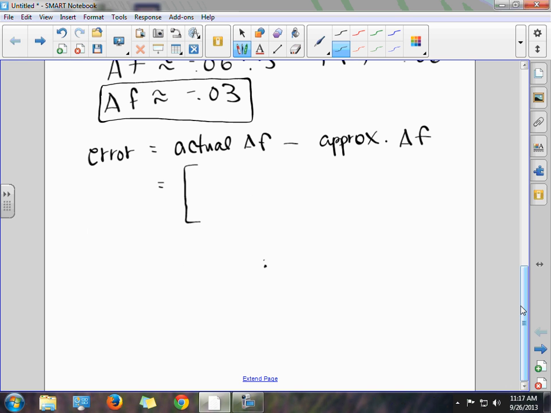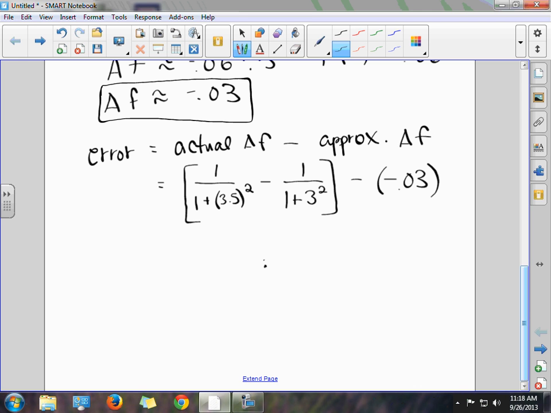So I can find f of 3.5. It's just going to be 1 over 1 plus 3.5 squared, minus, since I'm looking at this interval, f of 3, which is 1 over 1 plus 3 squared. So this would be my actual. And then if I want the error, I'm going to subtract my approximation, which is negative 0.03.